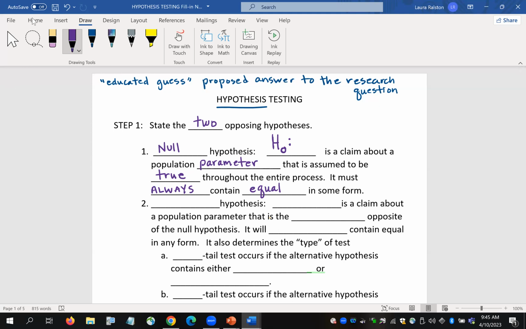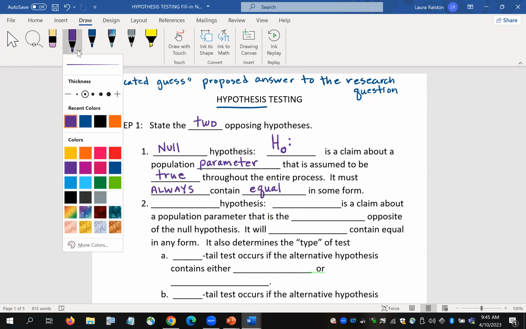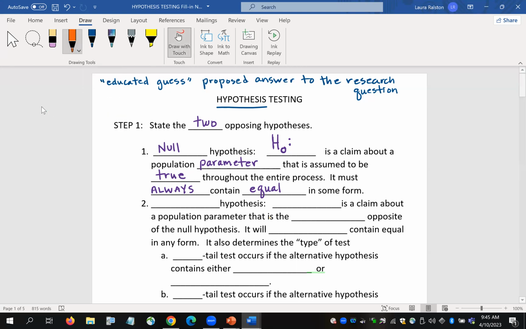The phrase that tends to bother students is that phrase that it must always contain equal in some form. When you're stating the null hypothesis, you could say that it is equal. It could be less than or equal, or greater than or equal.